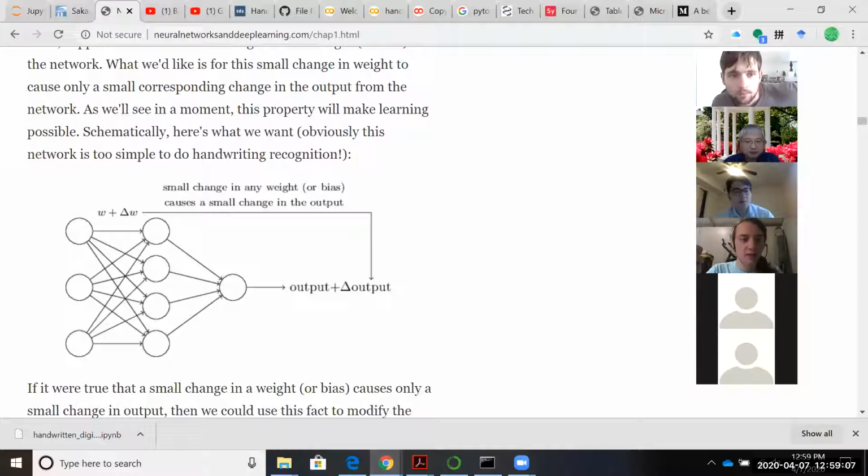Oh, okay, so each connection. There are 12 connections in the front here plus 4, so that's 16 connections, each one with a weight, and then 8 biases, so 24. Yes. Are you sure there are 8 biases?